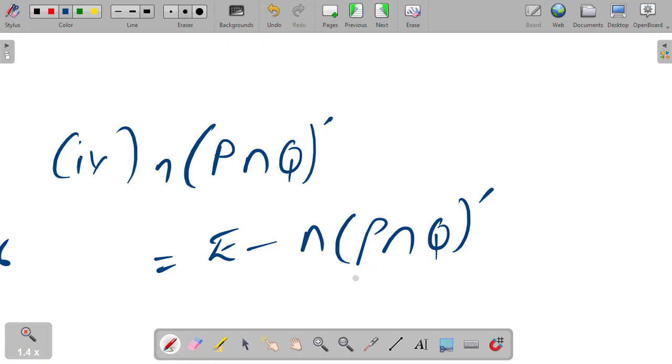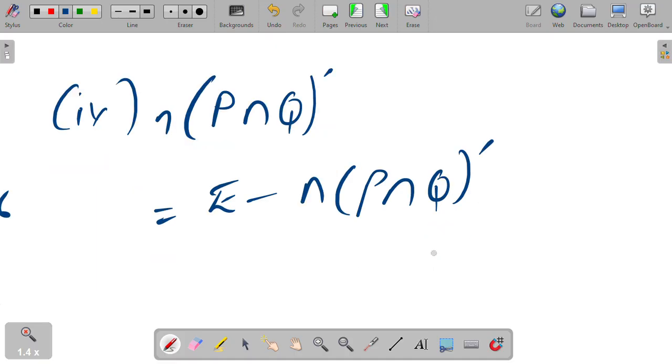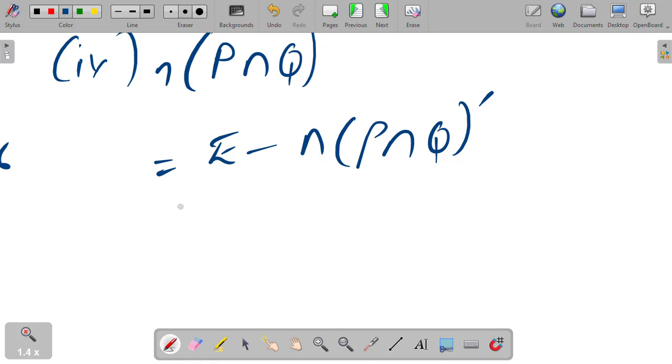In other words, you subtract the 4 which is in the middle, intersecting P and Q. When you add all the elements together, we get a total of 30.